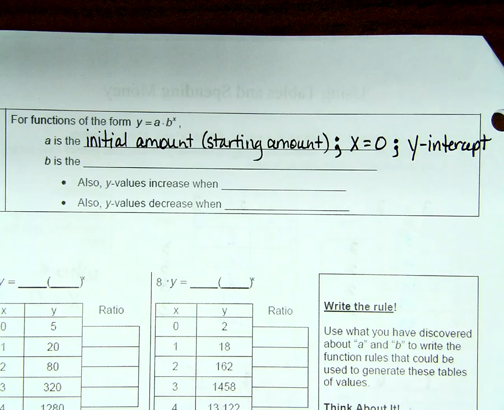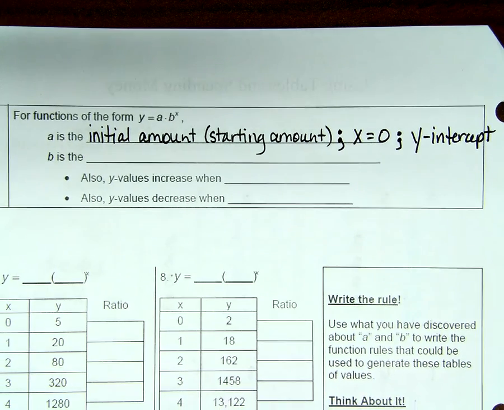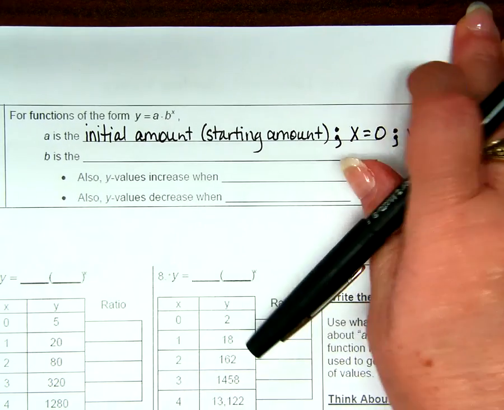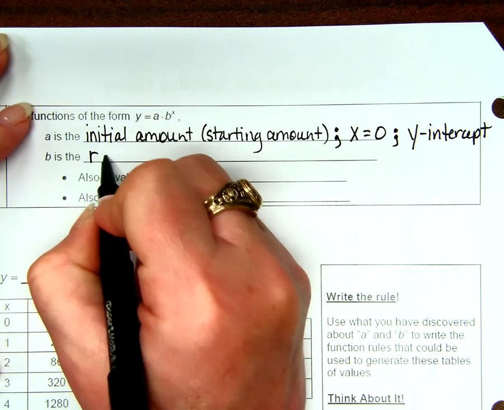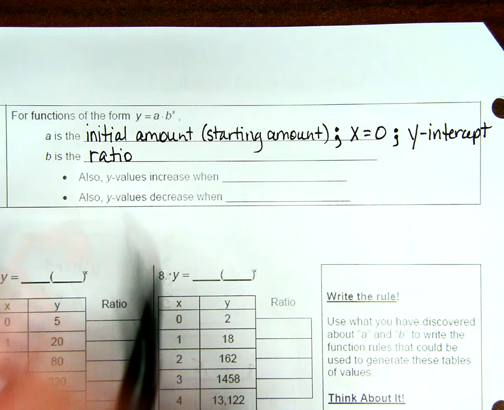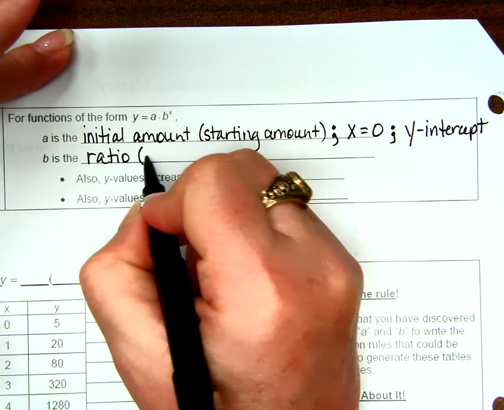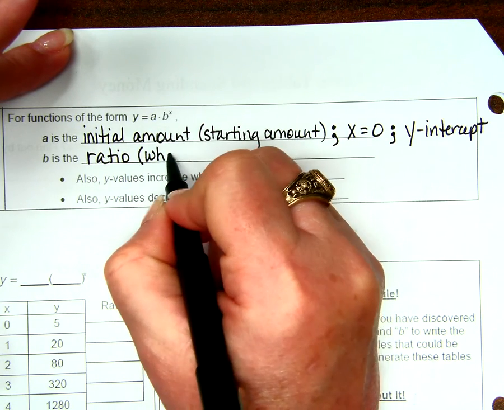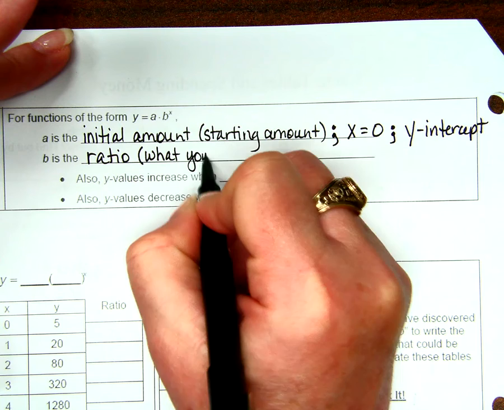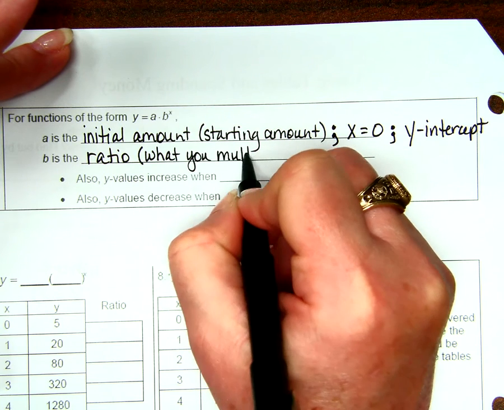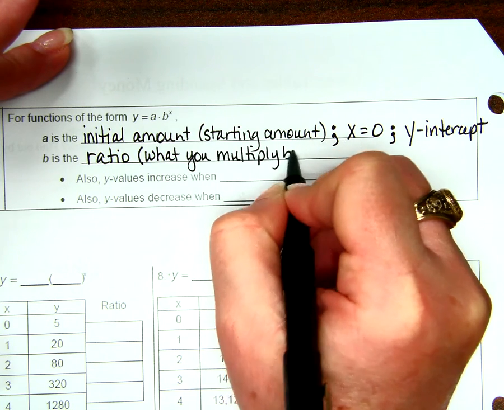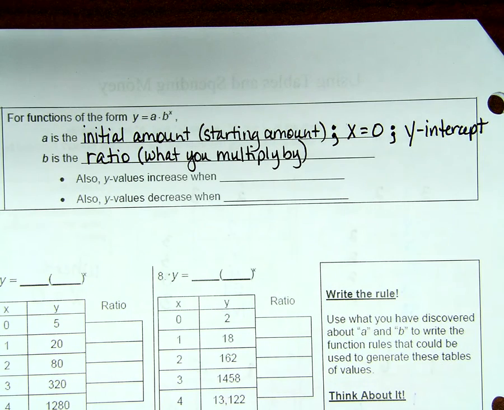So what's B? It's the ratio, first of all. I'm also going to write in parentheses what you multiply by. And I don't want you to be confused by that. How do we find the ratio here?